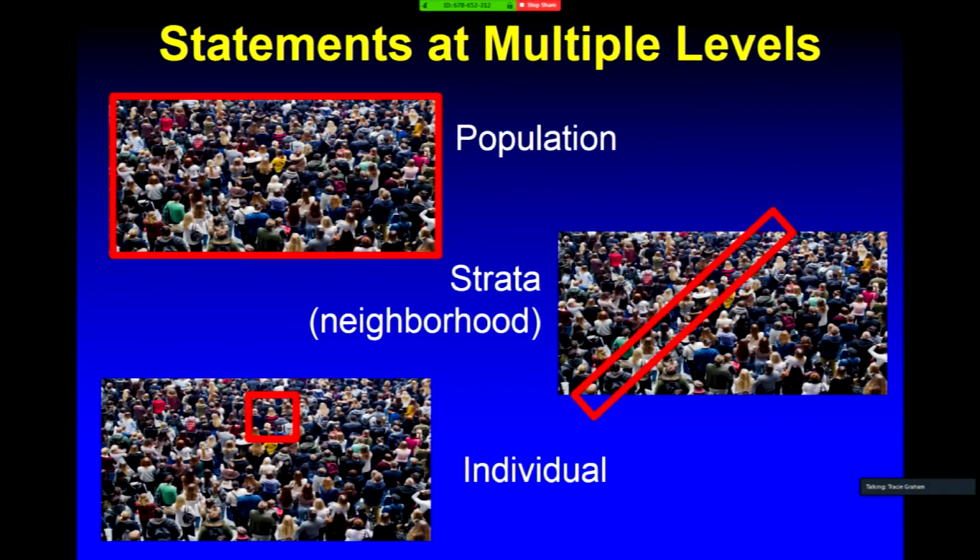We've talked a bit about data and inference at a population level. We've said we're really interested in focus at the individual level, so I picked that woman right there with a red and blue sweater as the person I'd like to be able to say something about from the data in hand. What I'll say as well is we often then go back and say we really can't do this, and I'll emphasize that as well.